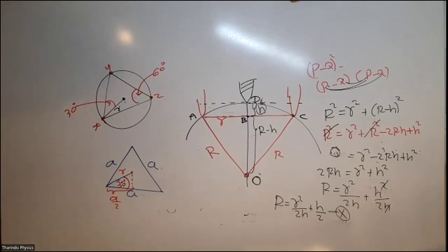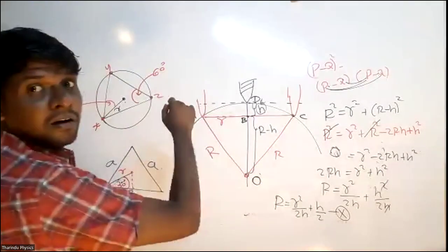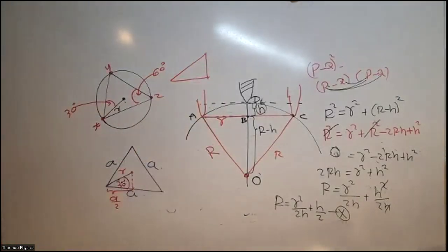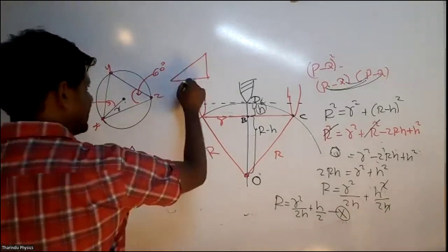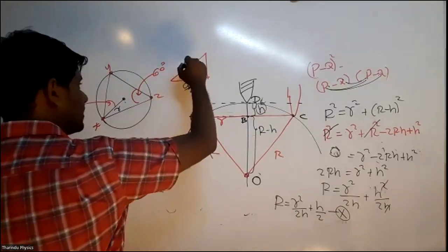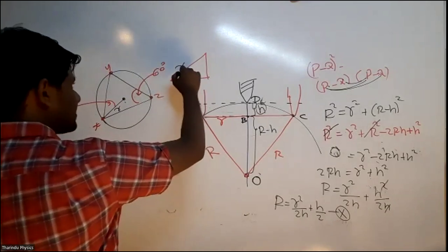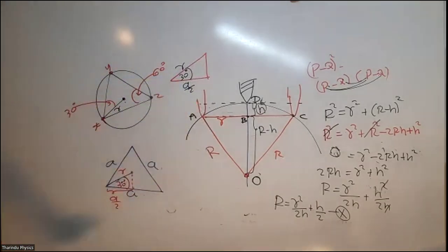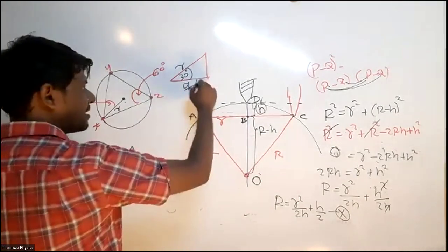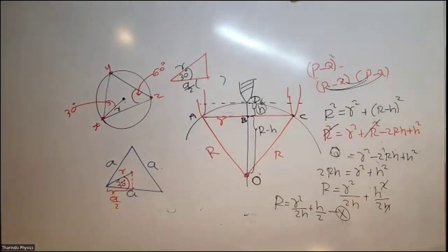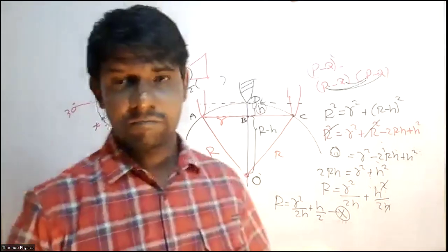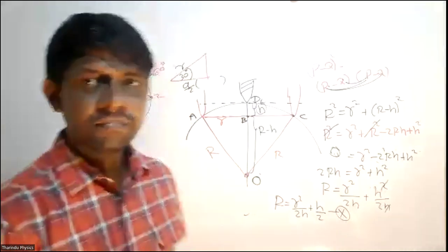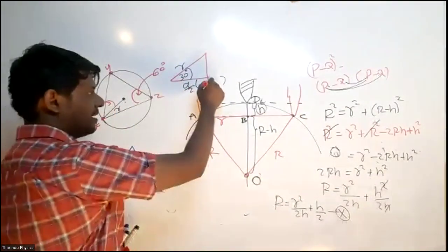Now finally I am going to get this small triangle. One side is A over 2. Here this is the radius. This is 30 degrees. What is this side according to trigonometry? A over 2 is what side? It is the adjacent side.